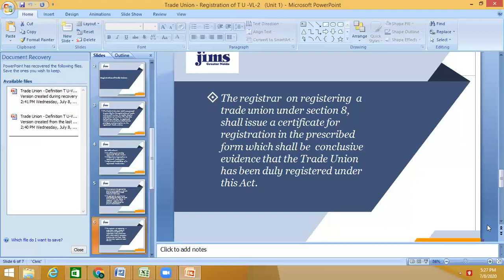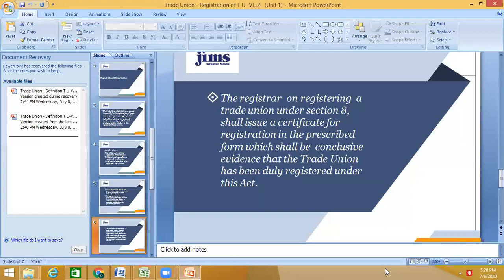That was Trilok Nath Tripathi versus Allahabad Divisional Bench, AIR 1957. That's a very important case with this reference. So these are certain things while you want to go for the registration of a trade union. You have to keep in mind all those things.